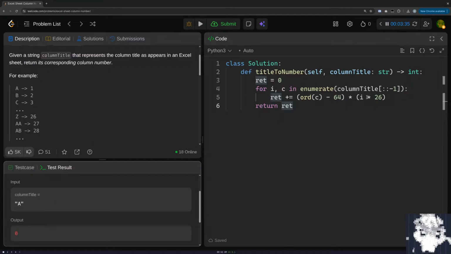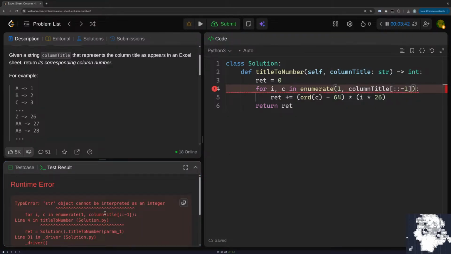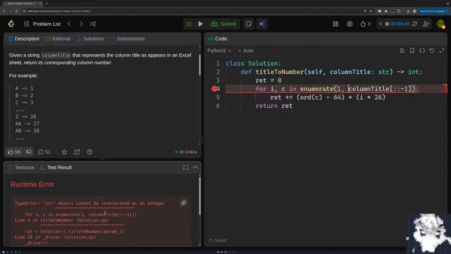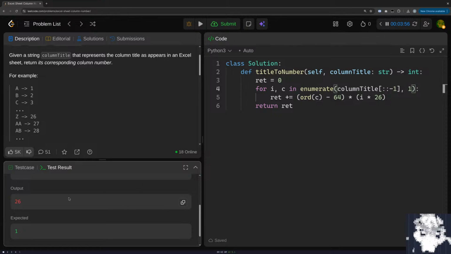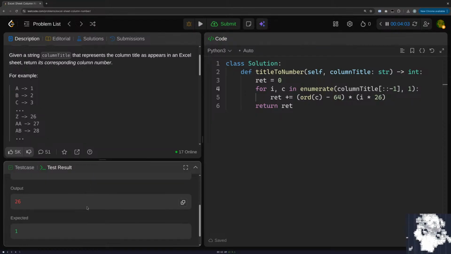Oh, but this I should start at 1. Can I just do enumerate starting at 1? Or is that the second argument to enumerate? So maybe I don't want to start at 1.